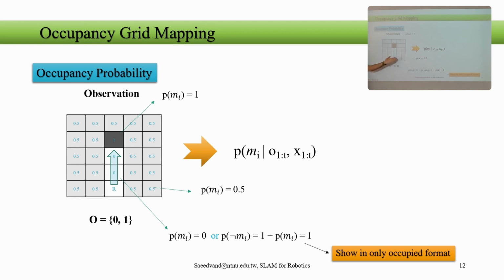Then here again the probability is 50%. For example, we can write the probability of this grid cell, P of Mi, is equal to 0. Or in another form of representation, we can say the probability of not Mi is equal to 1 minus the probability of Mi, that is equal to 1.